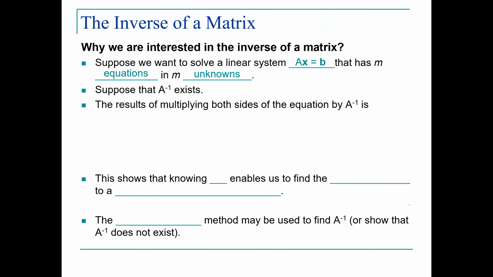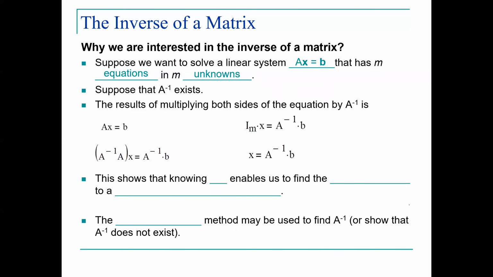The result of multiplying both sides of the equation by A inverse is the following. If we multiply A inverse by AX and by B, then the result is the identity matrix on the left times X equals A inverse times B.